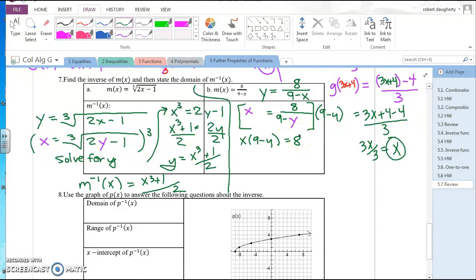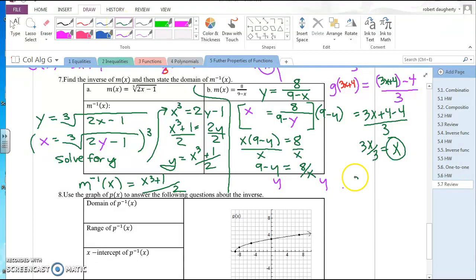Now if I divide both sides by x, I get 9 minus y equals 8 over x. I really want to solve for y, so I'm just going to add y to both sides.